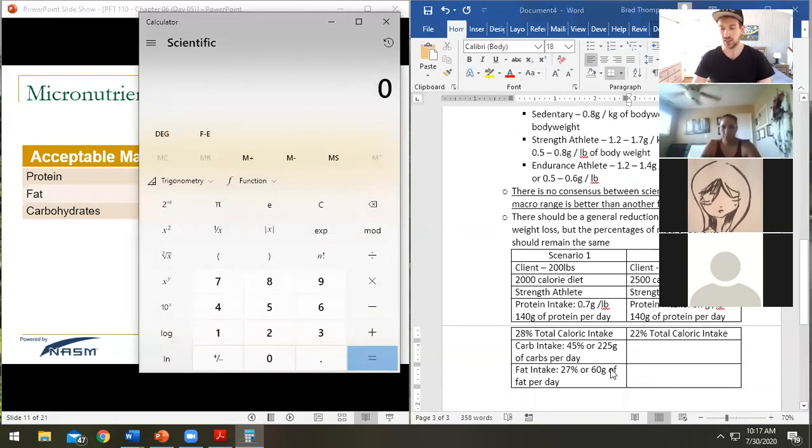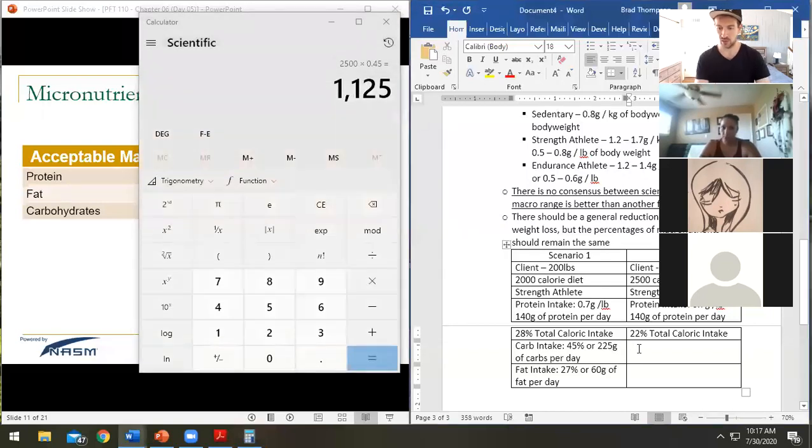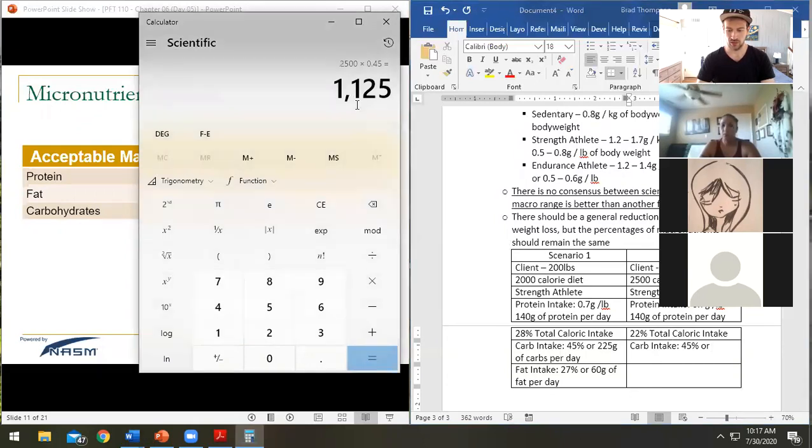So now let's go 2,500 times 0.45. We'll do 45% just for the sake of it, or 281 grams per day.